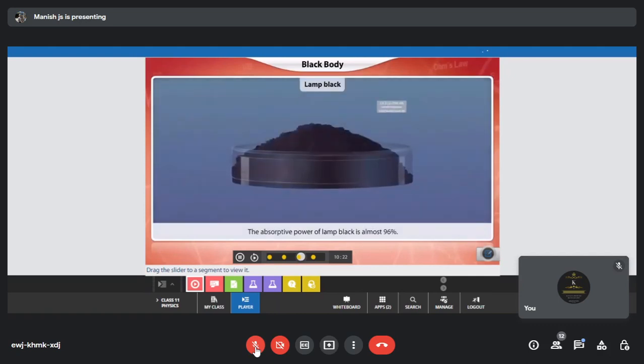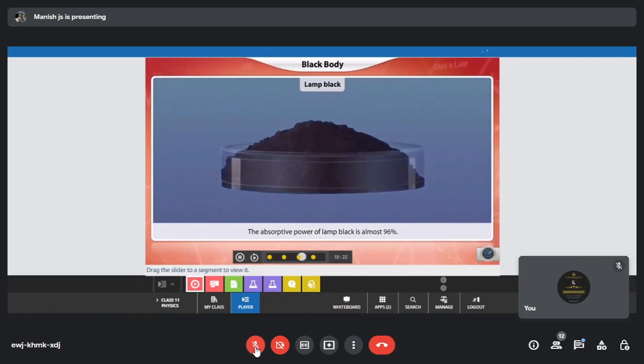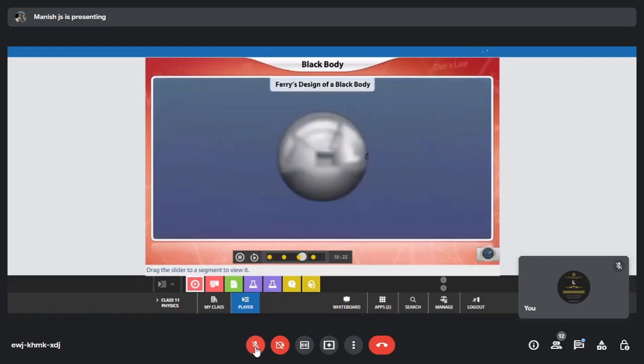No naturally occurring object is a perfect black body. Lamp black is close to being a black body, and has an absorptive power of almost 96%. However, scientists have designed nearly perfect black bodies. One such black body is Ferry's black body.